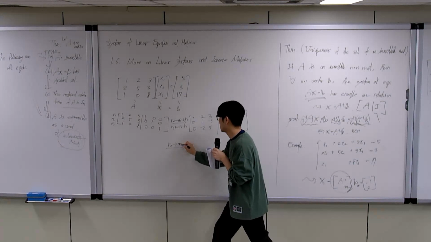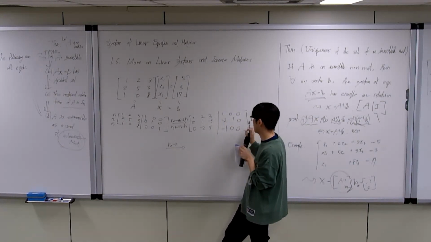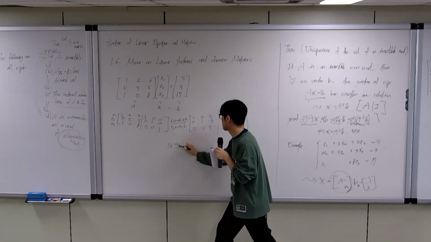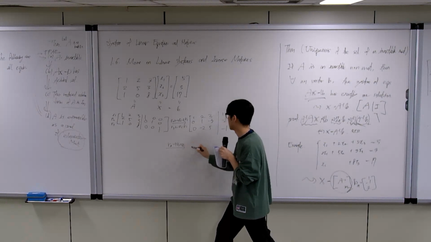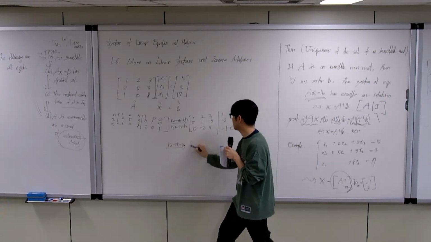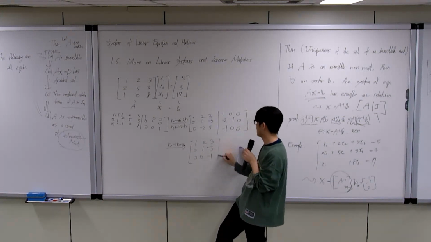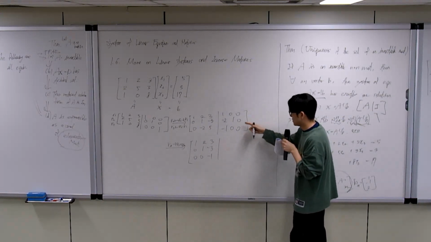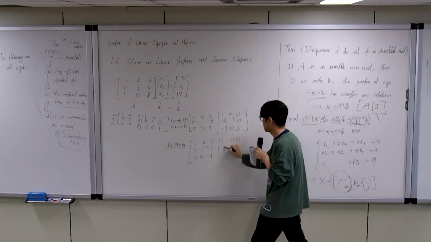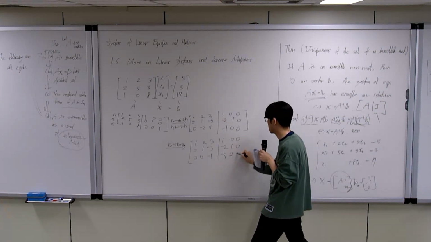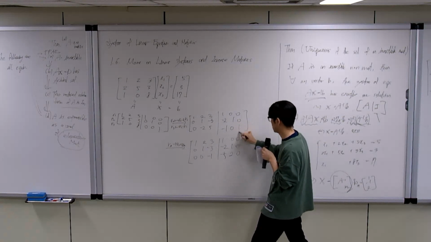R3 plus 2 R2, then 0 1 minus 3, 0 0 minus 1, and the right side is minus 5, 2, 0, not 0 1.